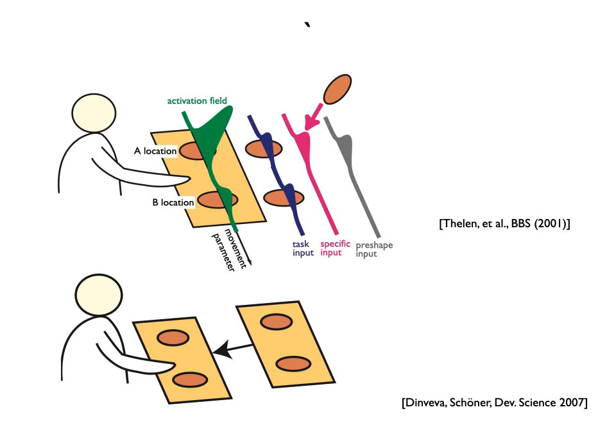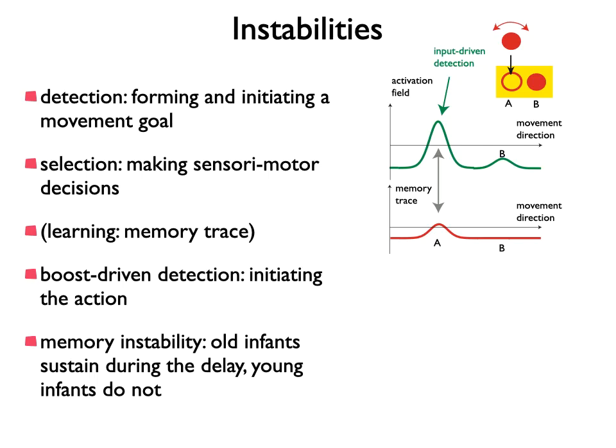There's actually a fourth input that we overlooked in our original model, because there's a difference between the box being in reaching space or not, because infants typically do not try to reach for an object that's outside of reaching space. And we'll model that by assuming that that gives a boost to the field and that induces peaks. So what happens is that this thing actually does all the instabilities that we're looking at. There is detection, in the sense there is the formation of a peak to express the motor goal at some point.